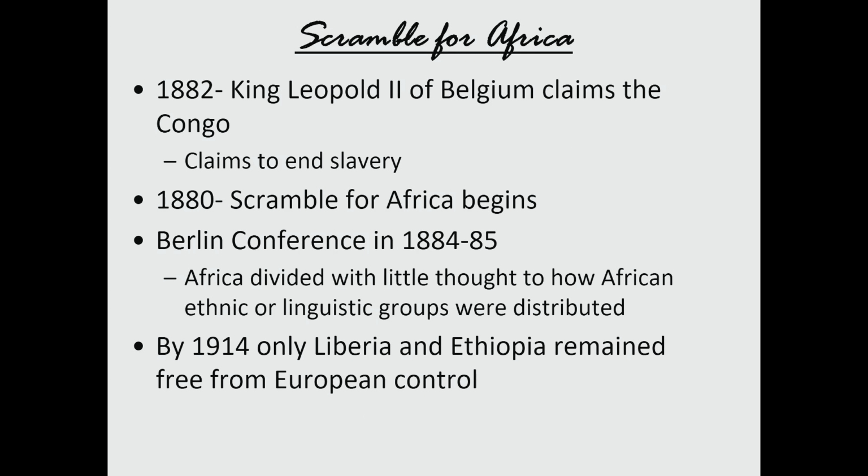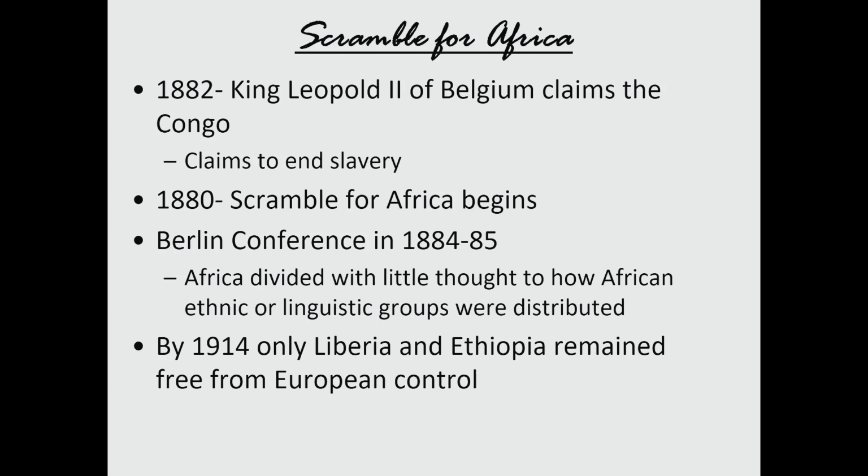Scramble for Africa. The first place we talked about was Africa, and remember the scramble for Africa is after King Leopold II opens up Congo for trade. The Victoria Falls are found. We no longer are on the coast of Africa. We actually can come into the interior of the continent. In the 1880s, the Europeans began to divide up the continent into colonies.